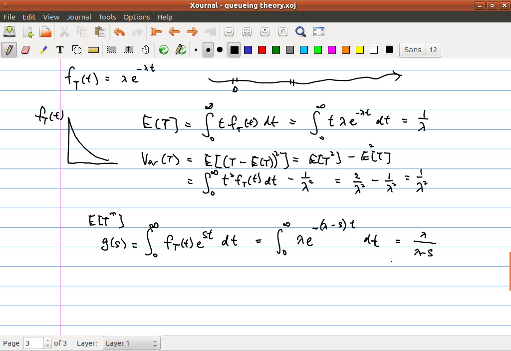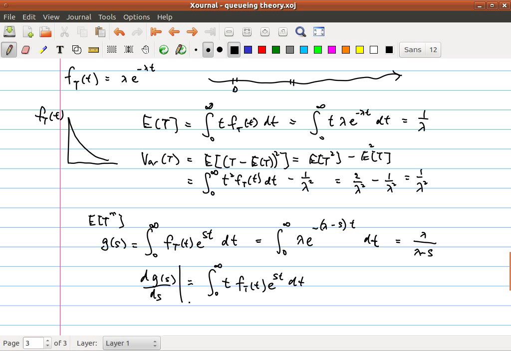Now let me write this G(s) here. If I take the derivative of G(s) with respect to s, then from this term I will have the integral from 0 to infinity of t f_T(t) e^(st) dt.